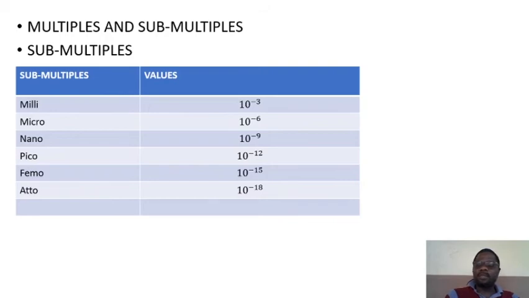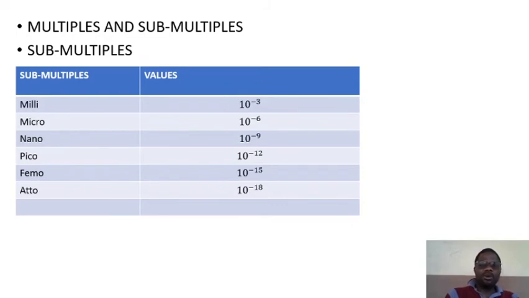For instance, when you want to measure a long distance, such as the distance covered by a man when traveling from town A to town B, you use kilometer. That kilo there is a multiple of the meter, which is the unit of the distance.